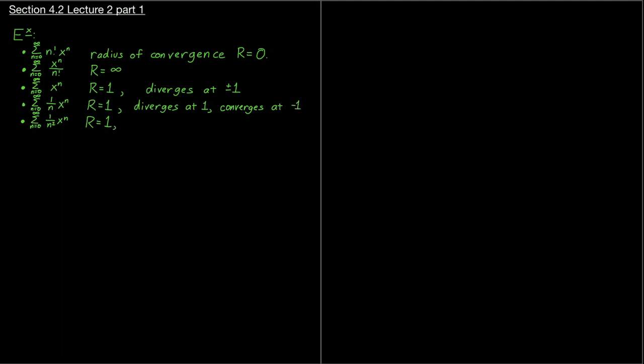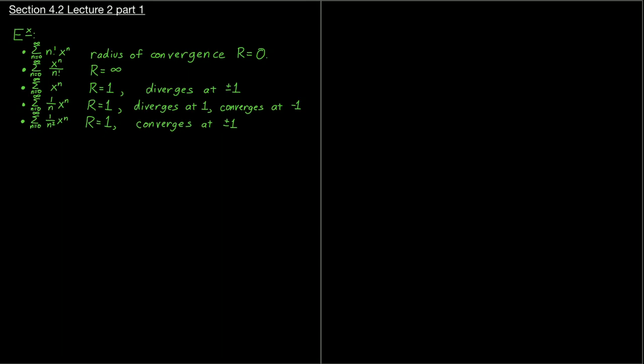And last example, you can show using the integral test that this one in fact converges at plus or minus 1. And since 1 over n squared is positive, if it converges at 1, then at minus 1 it's going to converge absolutely. So if you've got positive coefficients and you converge at positive 1, you've got to converge at negative 1 as well.